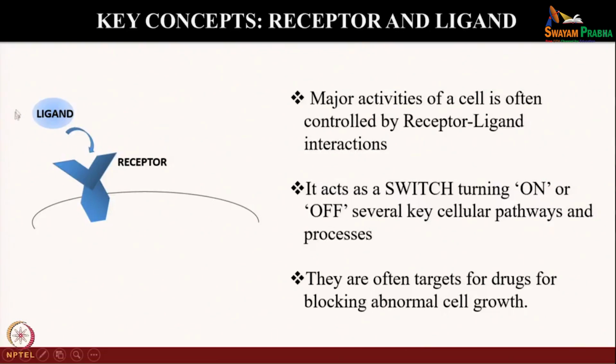As you can see in this small cartoon, this is a ligand, and when it binds to a receptor, many cellular processes get started. Sometimes it is switched on, sometimes it is switched off. Why are we supposed to know about this? Because these are often targets for drugs. Ligand-receptor interactions are very attractive targets for drugs, for sometimes blocking abnormal cell growth, cell proliferation, cancer, etc.